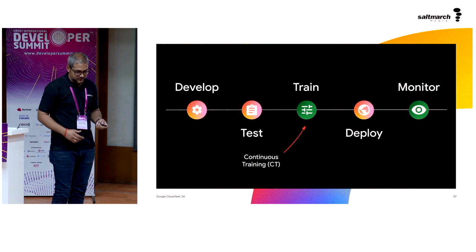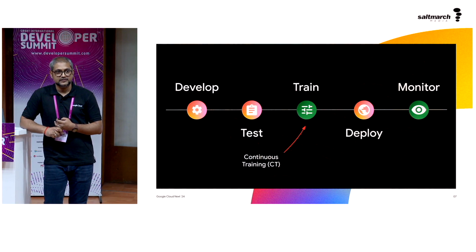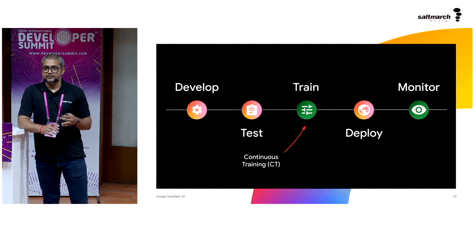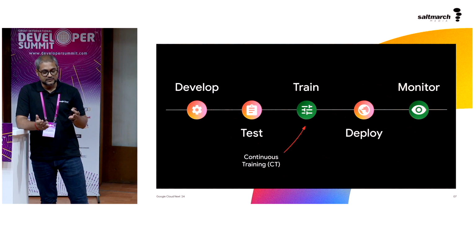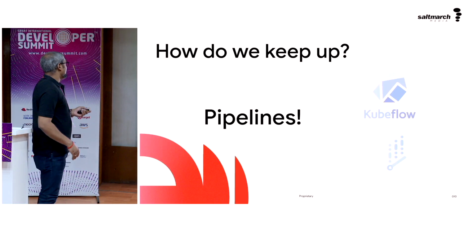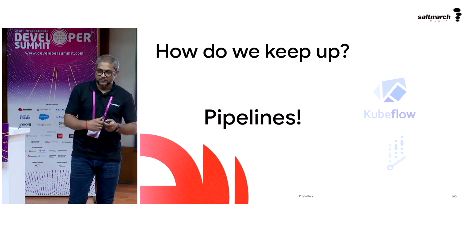And from the monitoring perspective, I think I discussed that there are two elements. One is the training data skew, and second is the production drift. Training data skew is where there is a mismatch between the training data and the production data, and second is that over a period of time, there is a drift in the performance in production. So how do we keep up? For that, we need a pipeline so that you can automate the complete steps.